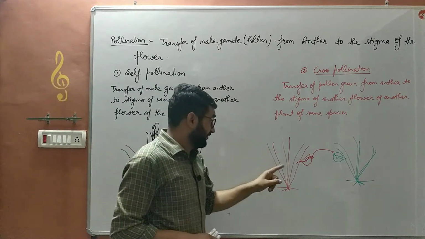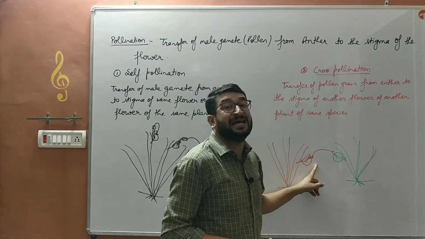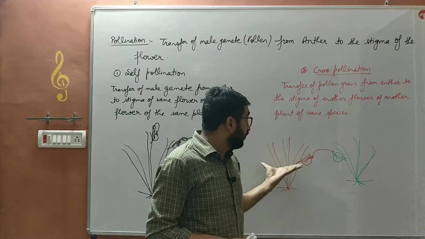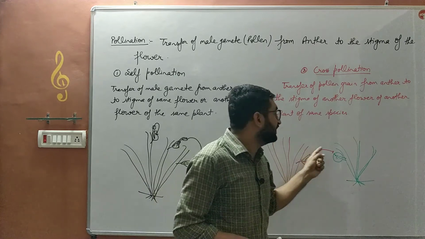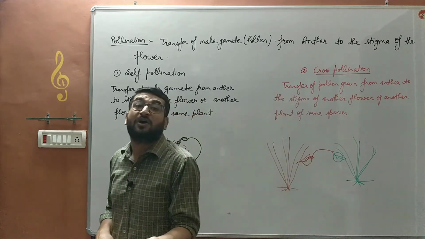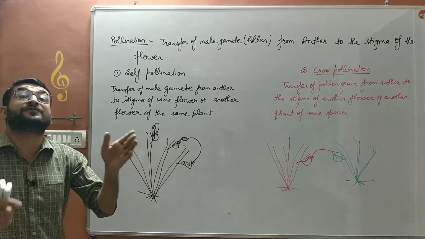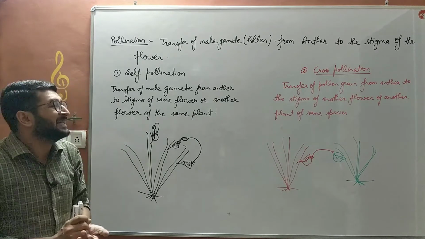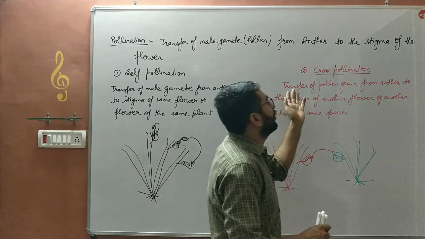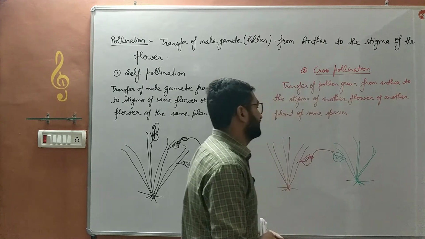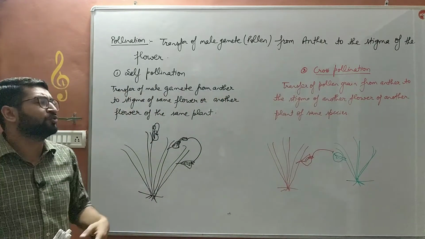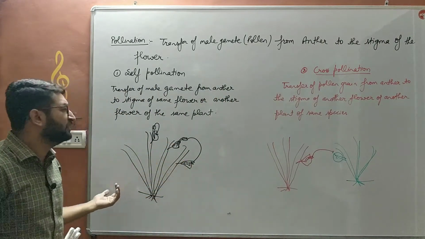Whereas if pollen grain from the anther of one plant is transferred to the stigma of another plant of the same species, that is known as cross-pollination. Cross-pollination leads to more variations as compared to self-pollination.